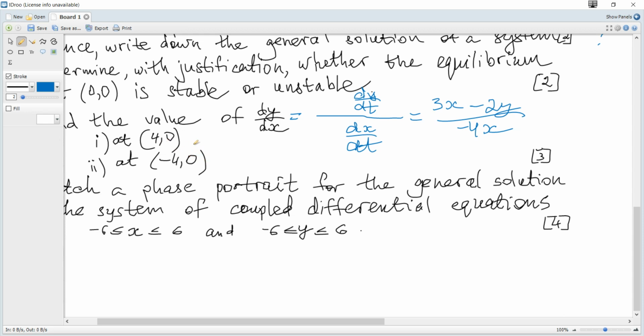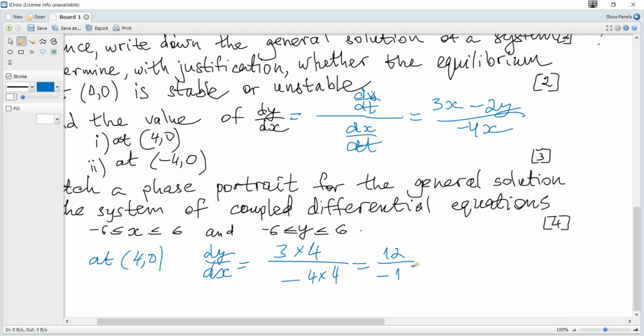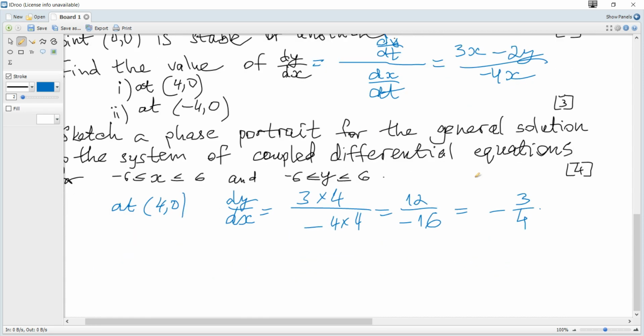At 4, 0, dy over dx becomes 3 times 4 minus 0, over negative 4 times 4. It's 12 over negative 16. We can divide by 4 and get negative 3 over 4.